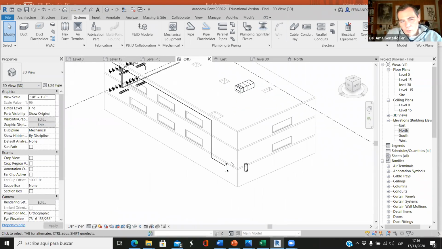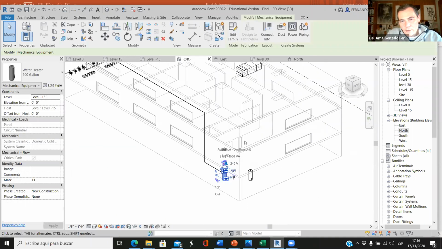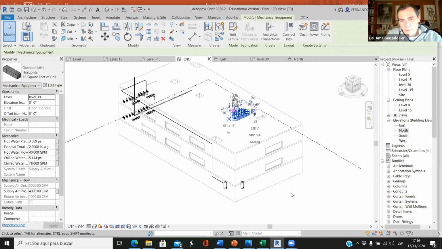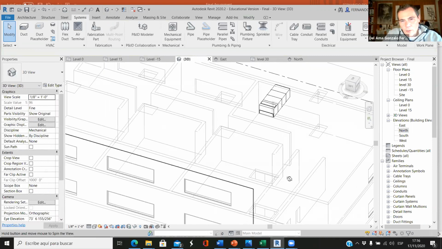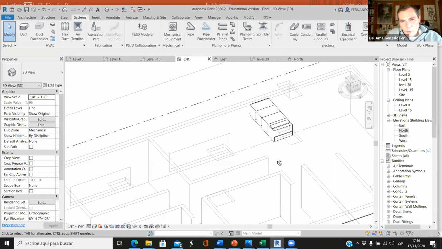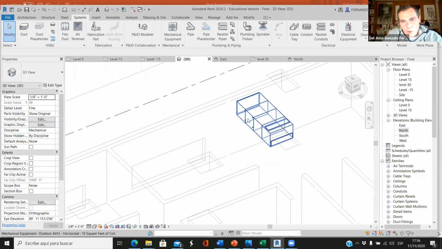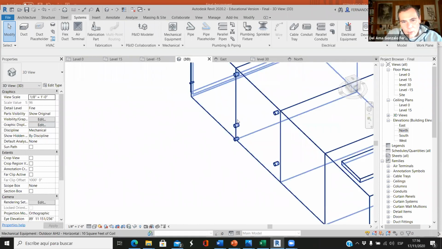Now what do we have to do? We have to connect this water heater to the heating coil of this air handling unit. Where is the heating coil? You remember that we have two coils here. We have 1, 2, 3 inlets or outlets. This is the cooling coil.